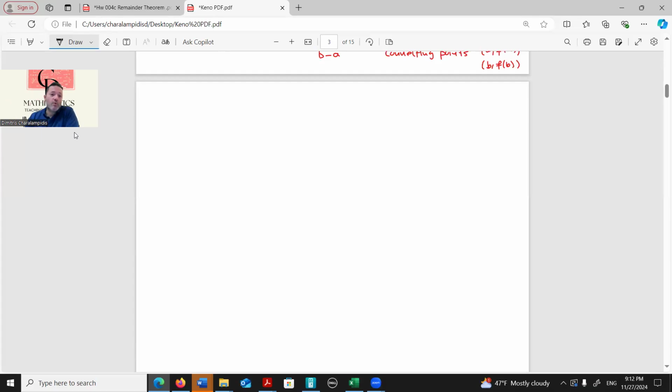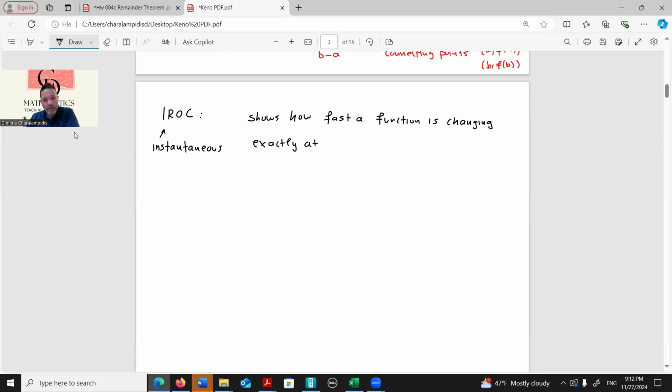But for now, conceptually, we should know that the instantaneous rate of change shows how fast a function is changing exactly at that point.